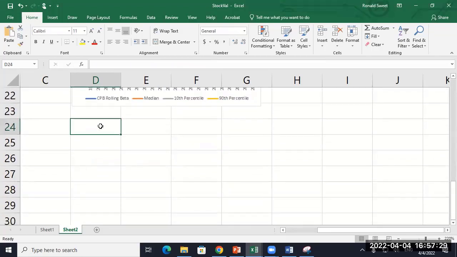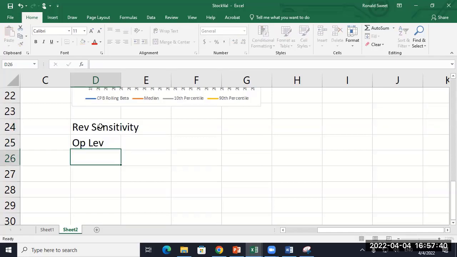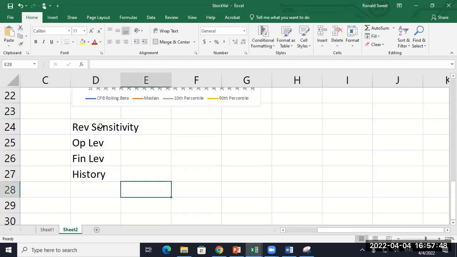And remember, what you want to do on beta is put those things in there at the end, all of them: revenue sensitivity, operating leverage, financial leverage, history, and then come up with your final beta.